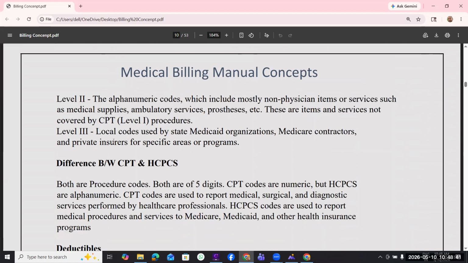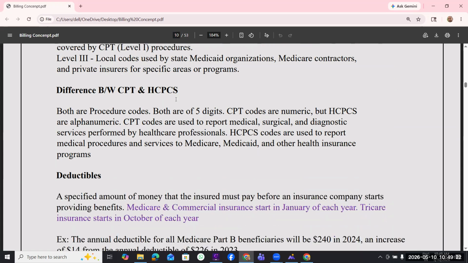Level 2 is alphanumeric codes which include most of the non-physician items or services such as medical supplies, ambulatory services, prosthesis, etc. These items and services are not covered by the CPT procedure. Level 3 is local codes used by the state Medicare organizations, Medicare contractors, and private insurers for a specific area or programs.